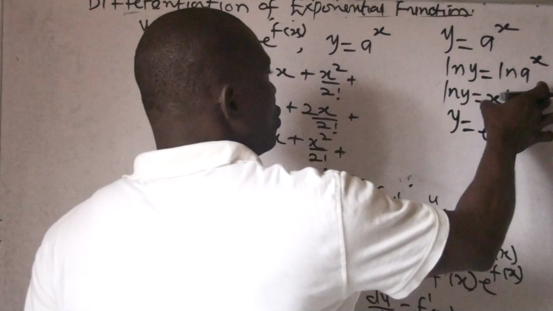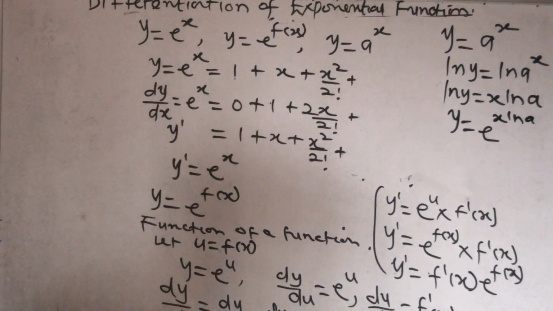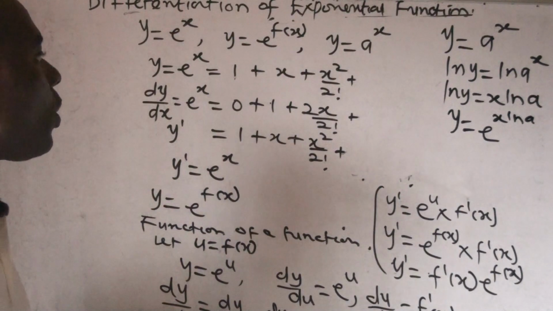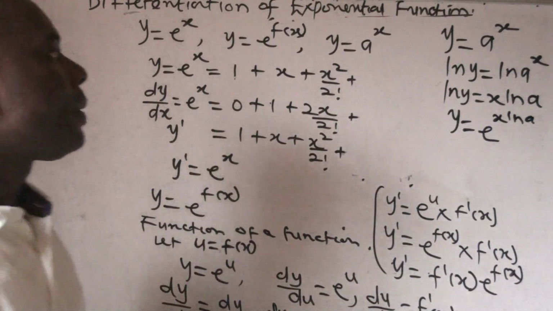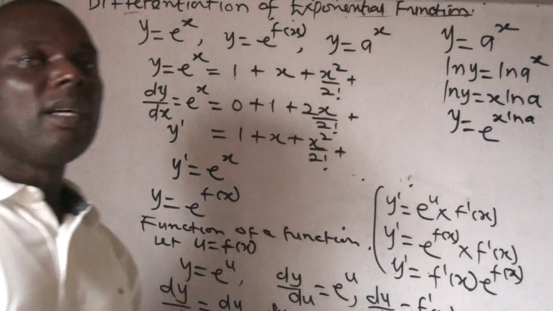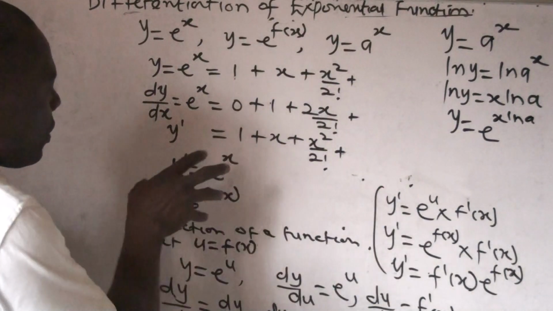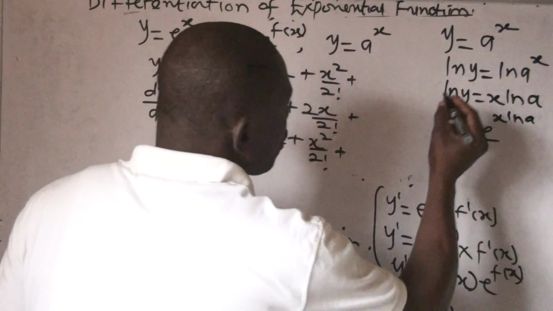So it's going to carry this one as the power. Okay, then we have obtained y. Now we have done some transformation, so that means this function is now differentiable.